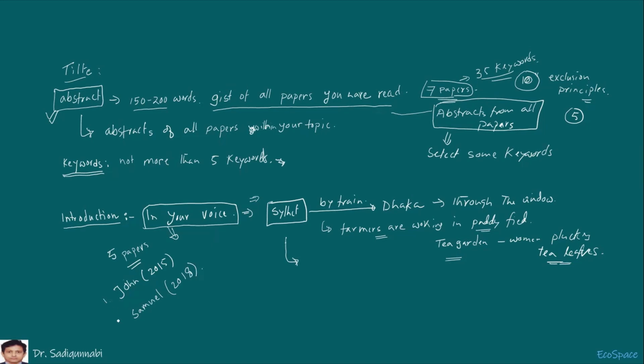So paper number 1, paper number 2, paper number 3, suppose Milton 2020. These are the 3 papers you have selected. Okay. So from these 3 papers, you read their introduction.